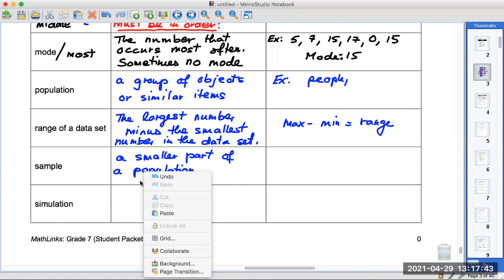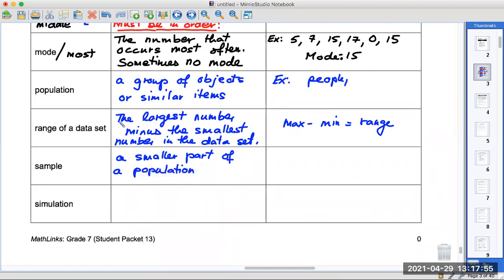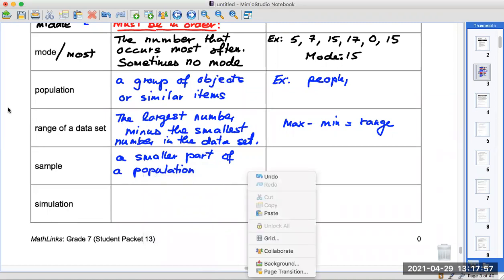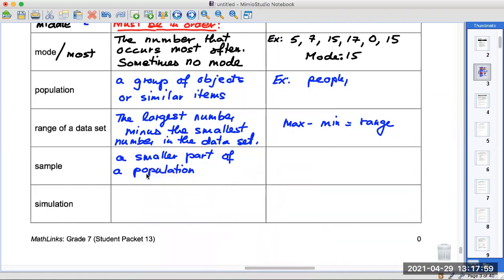And you wanted to know if they like the cafeteria food. You wouldn't ask every single student, you could pick a sample of students, a smaller group, and ask them, and then hopefully project it toward the larger population, that you hopefully picked a good enough sample that represents the whole population. So you have to think about what sample.